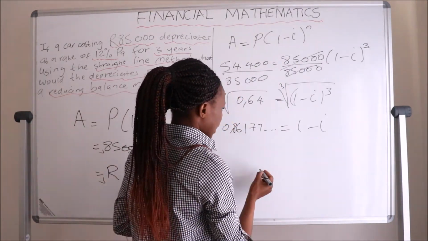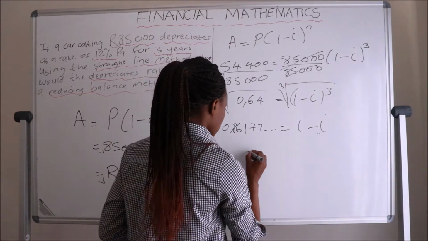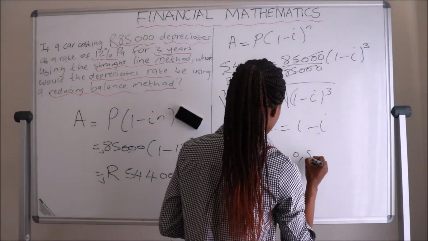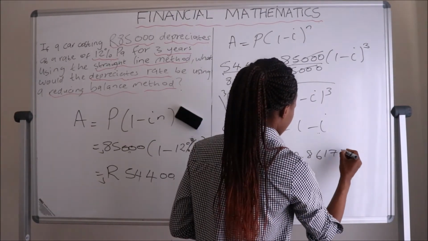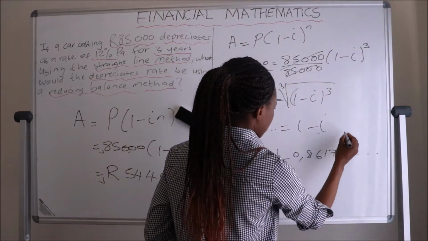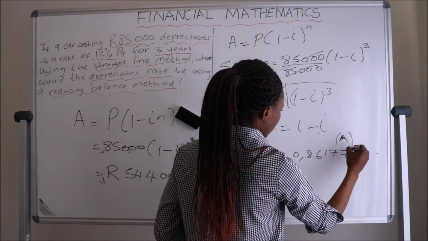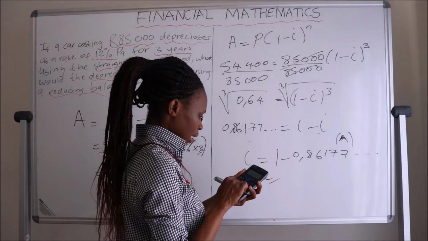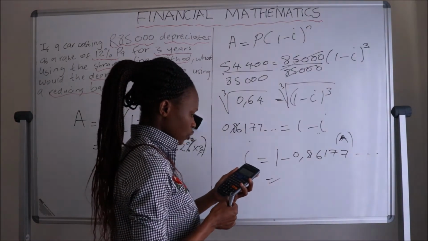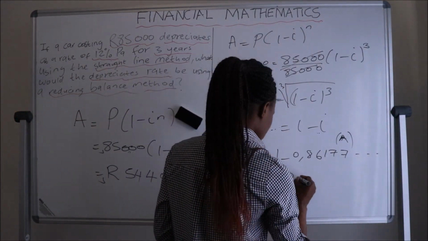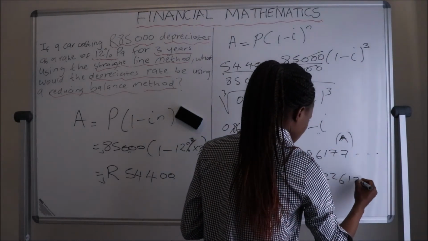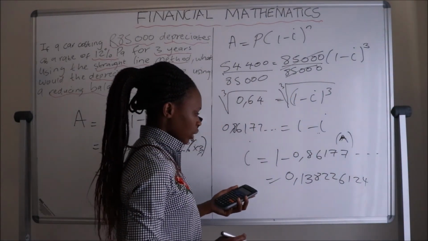Now that we want i to be the subject of the formula, it will be i equals 1 minus 0.868177, going on, which is in letter A. So I just have to say 1 minus recall letter A. It equals 0.138226124.